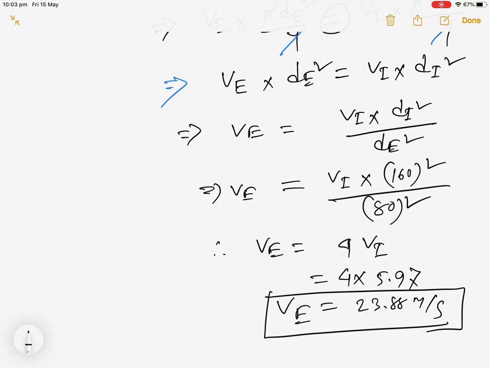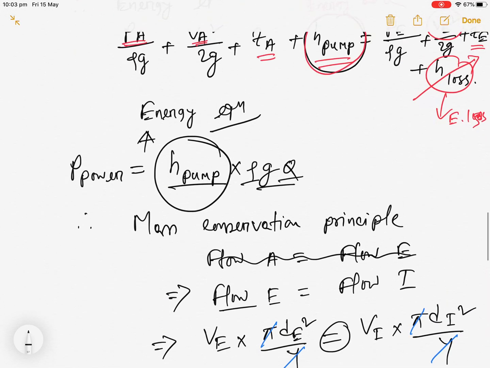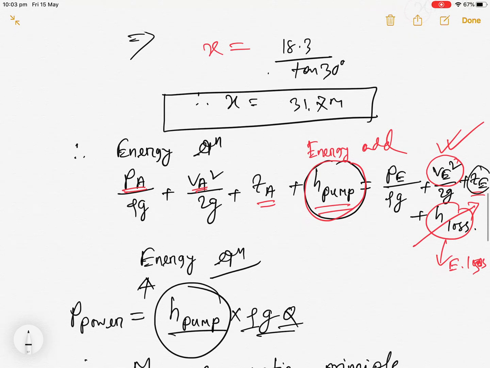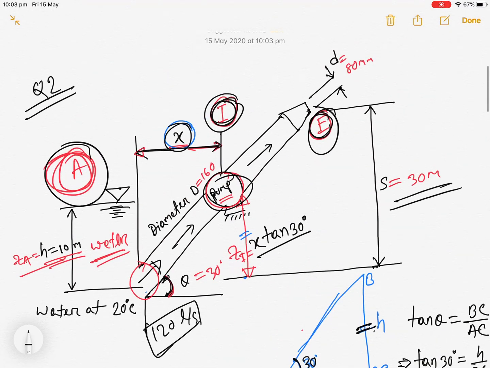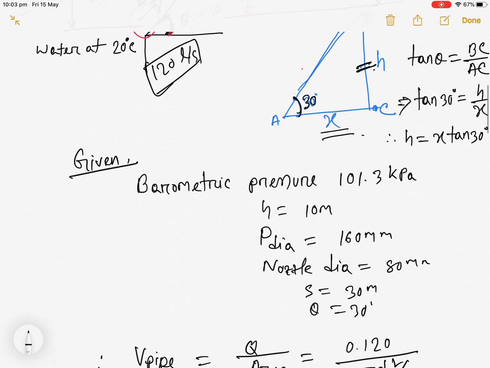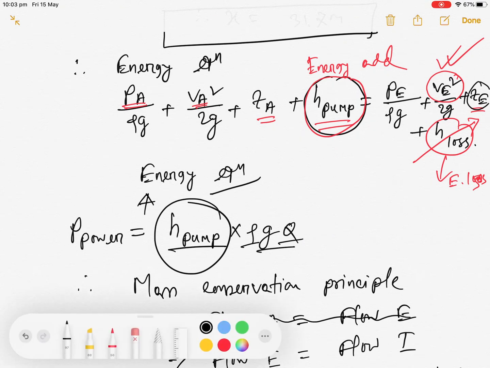Once we know the exit velocity and the exit height ZE, which is given, if I go back, you see it is 30 meter. So that means we know everything. We can easily cancel out this term here.